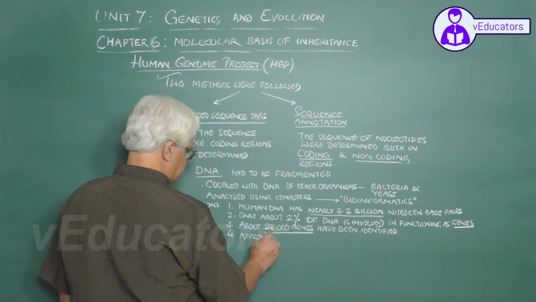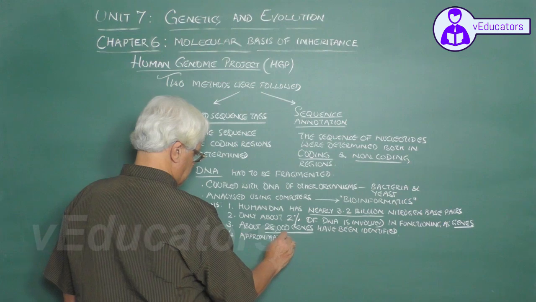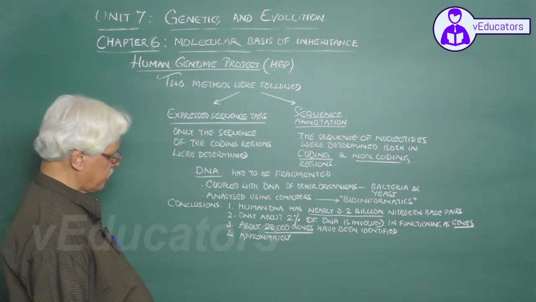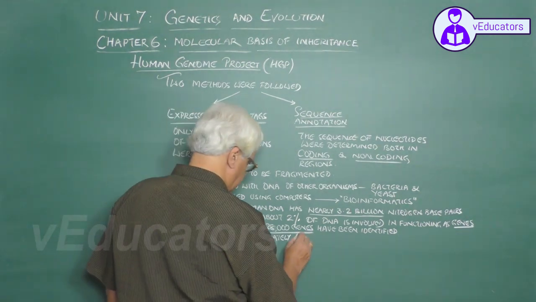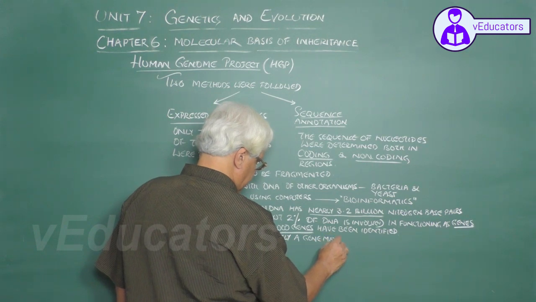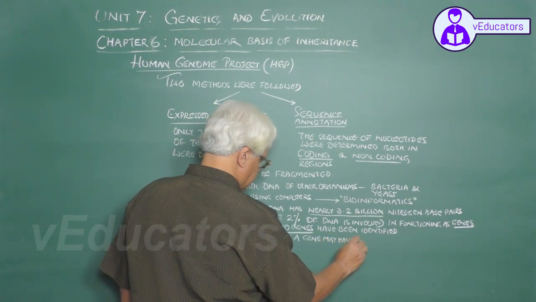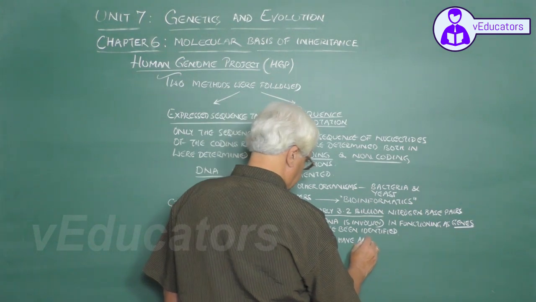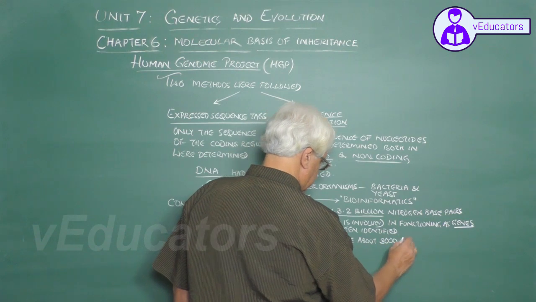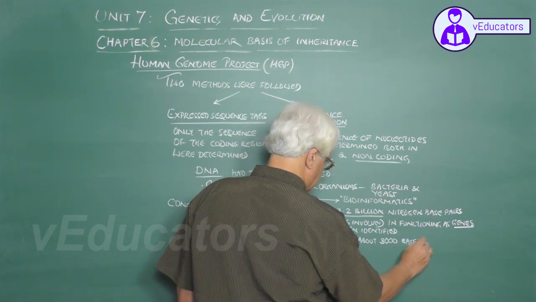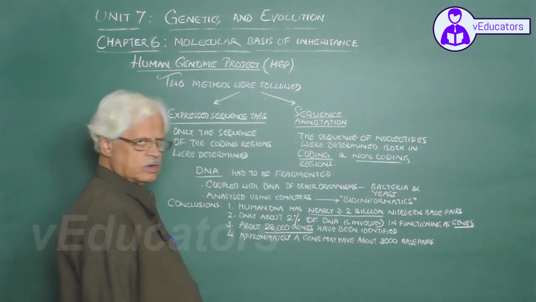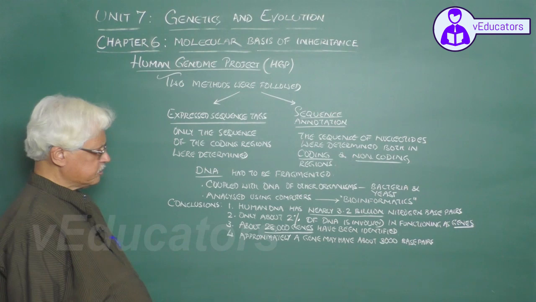Another piece of information that was available was that approximately a gene may have about 3,000 base pairs.